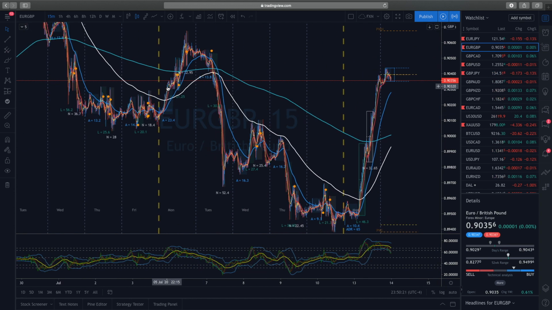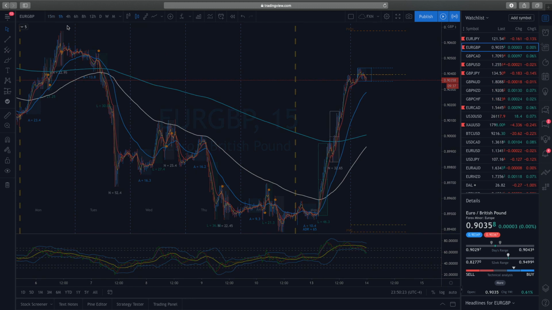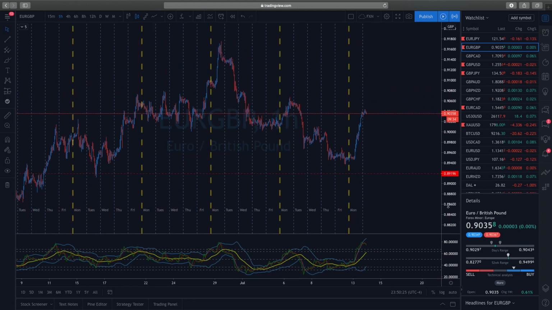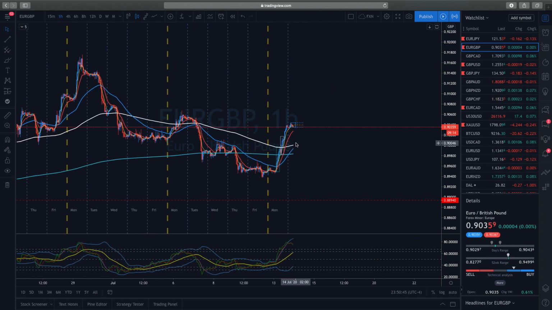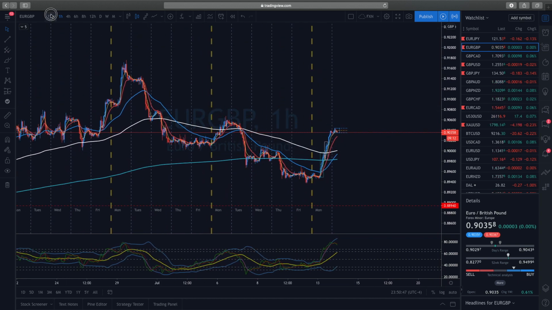When we take a look at this Euro Pound pair, it has basically been starting to go in a downtrend for the last 2 weeks now. For the last 2 weeks, it's been trending down, and then just in one day, it literally took out previous highs here and here as well. So I'm looking for one of two things on this particular pair.